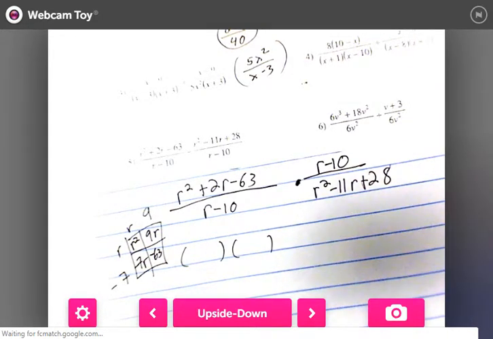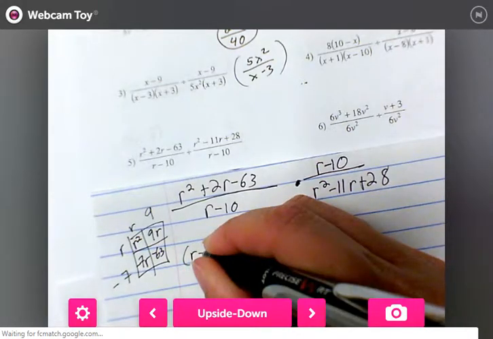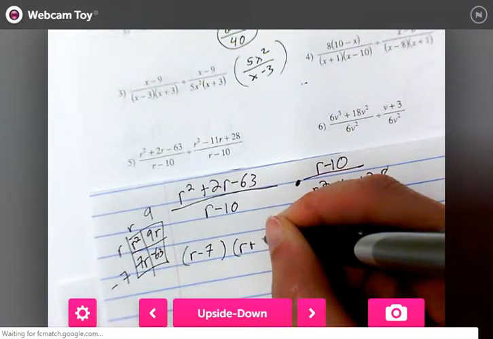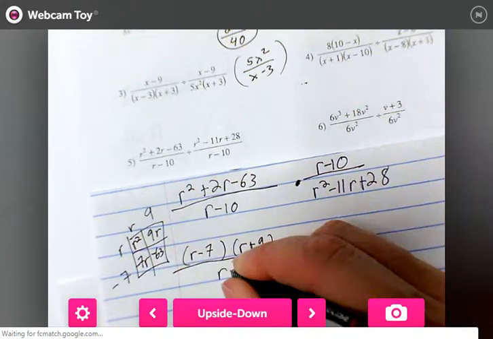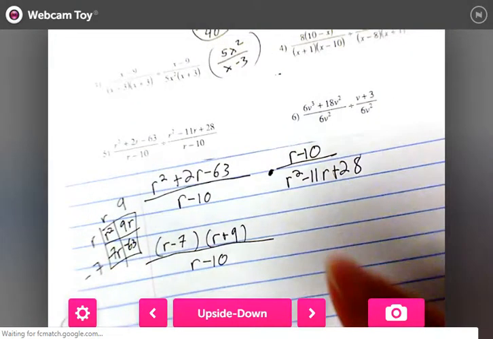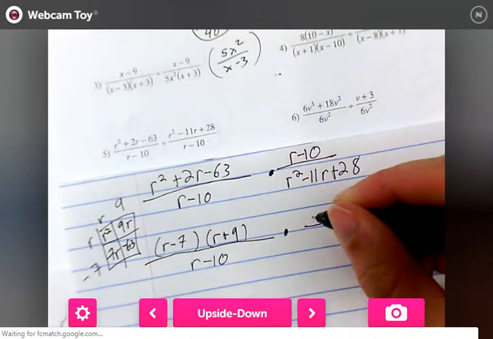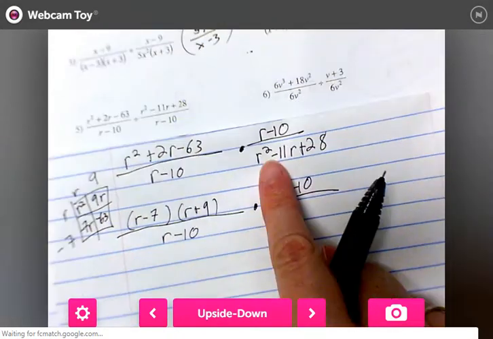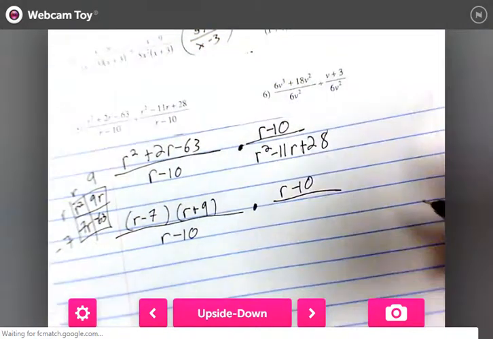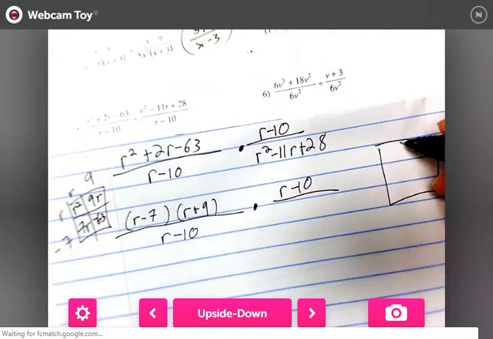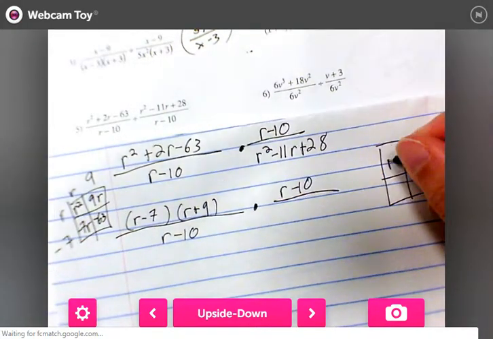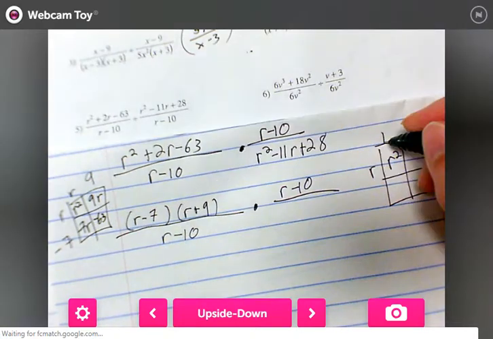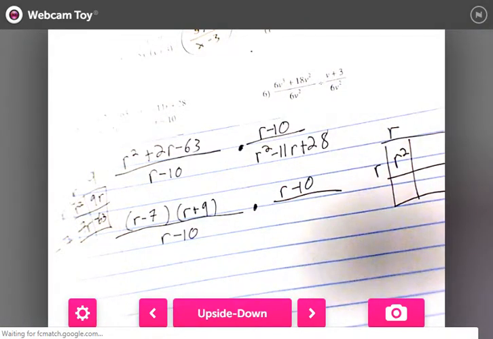Okay, so this is r minus 7, r plus 9, and we have it over r minus 10. Now I'm going to go over here, this r minus 10 on top, I can't take anything out of r and 10. But r squared minus 11r plus 28, that can be factored. I've got r squared. Two numbers that give me 28.